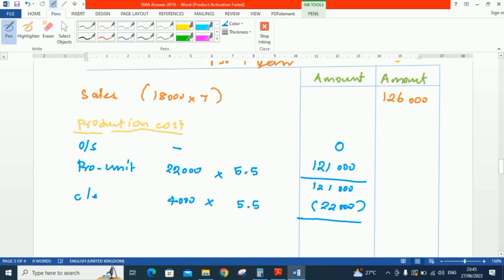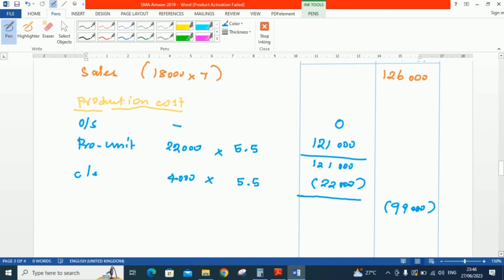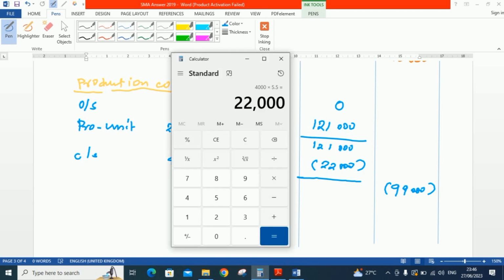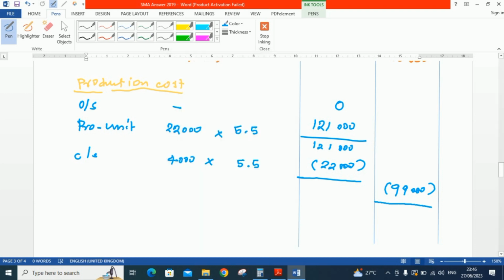So production cost 99,000. So 99,000 should be deducted from sales. 126,000 minus 99,000 is 27,000 gross profit.